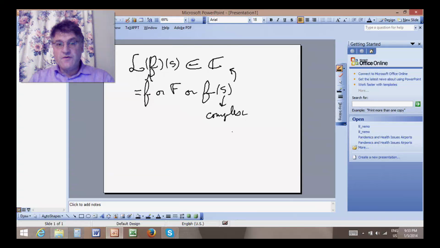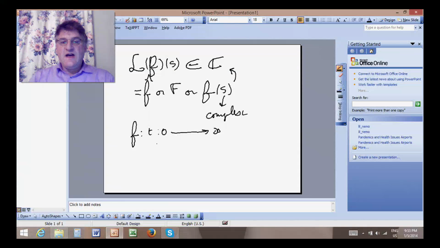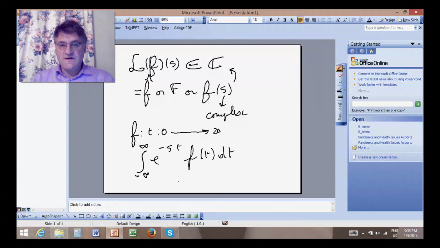This Laplace transform enjoys enormous properties. Before I go for the fancy properties, let me start with simple ones. Many functions f take time beginning at 0 and going to infinity. In other terms, there's an initial time, in which case the integral from minus infinity to infinity of e to the minus st f of t dt doesn't make much sense.